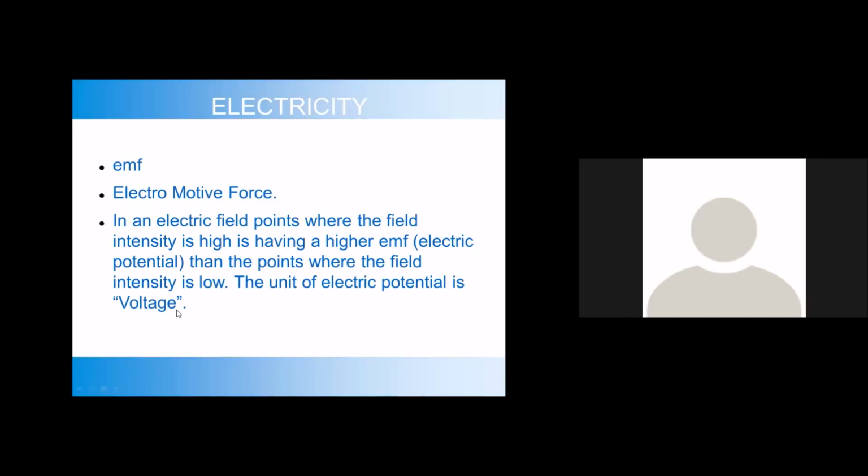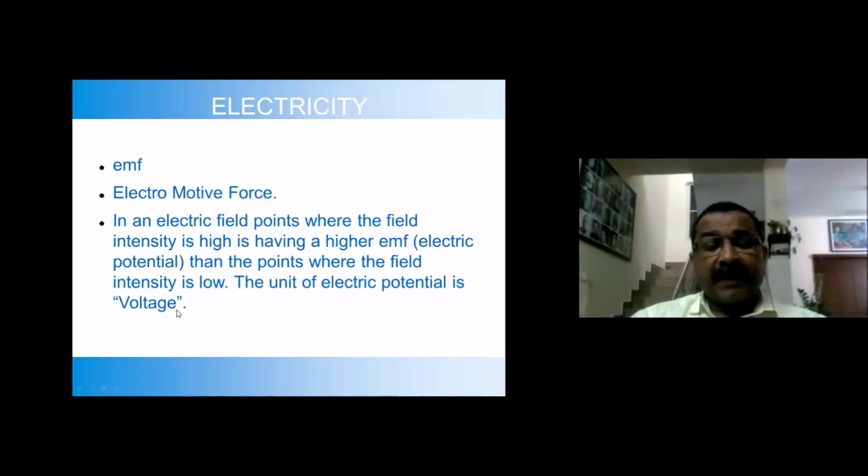Okay. So if there is an electric field, charges are there. And if the field intensity at a point is at a higher level, it means that at that point you have more charges.